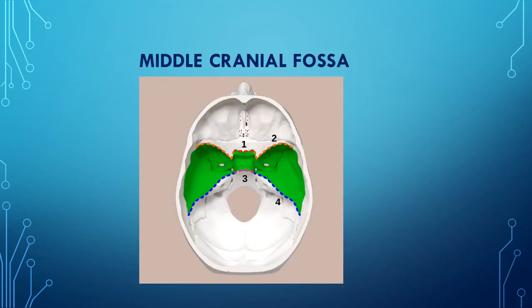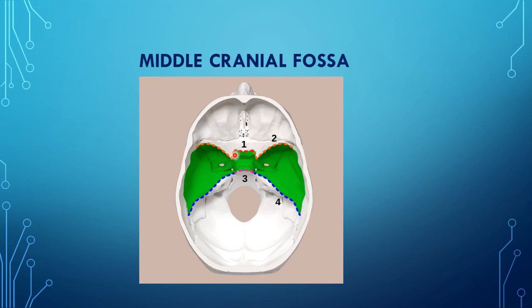So we have completed the anterior cranial fossa and we are starting the middle cranial fossa. Middle cranial fossa, we said earlier, lies between the anterior cranial fossa and posterior cranial fossa. The area marked in green, this area between the two sets of dotted lines, marks the middle cranial fossa. So what are the boundaries?